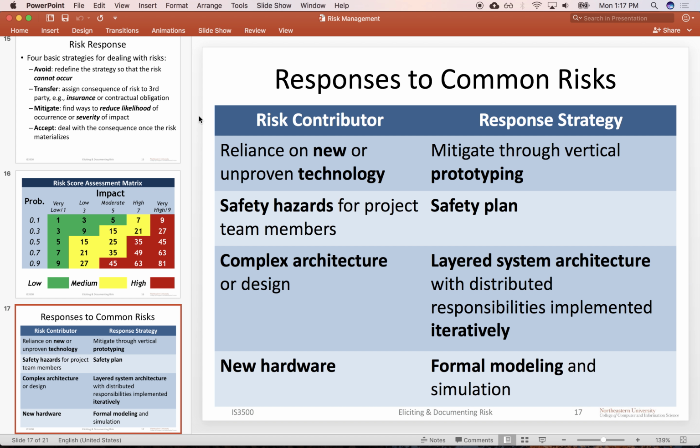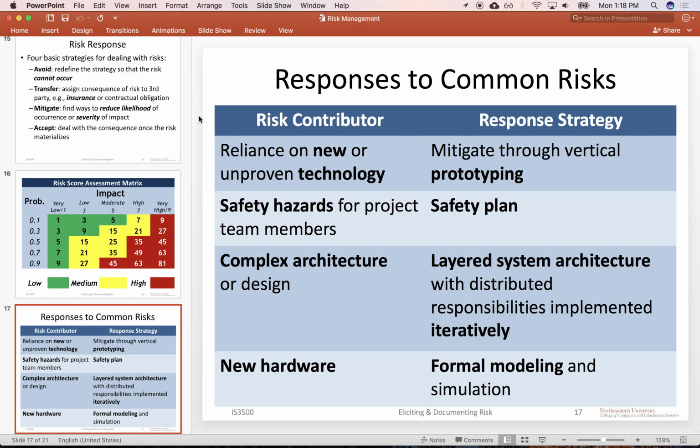We don't know much, but at least we've prototyped enough that we're okay with going ahead with a particular technology. There might be some safety hazards. Some team members might have a safety plan to avoid them, and maybe a protocol, like having two folks going in together so that if somebody faints, somebody's there to help them out. So there might be some protocols and safety plans put in place.